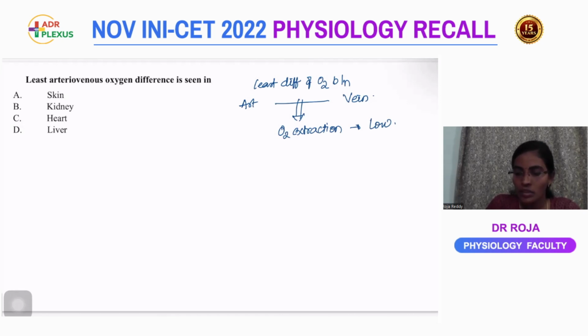There will be an increased amount of oxygen in the vein also. So, the arteriovenous difference will be reduced. Now, out of the given options, which tissue has the low oxygen extraction, or the less oxygen utilization?